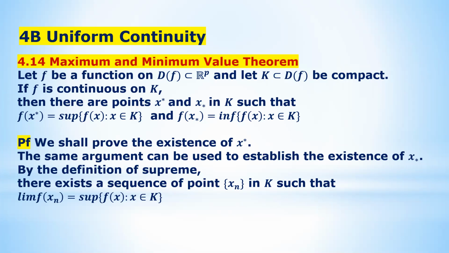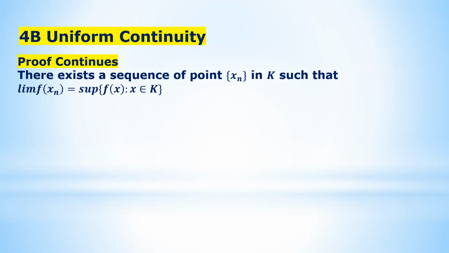Now the problem is reduced to showing how we can find the existence of a point which takes the limiting value of the sequence. All right, so we're going to see how we can do that. This is what we have so far: I know that there's a sequence xn, and the function of this sequence goes to the maximum.